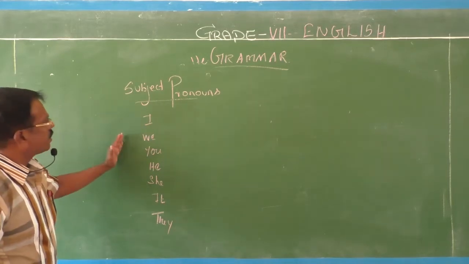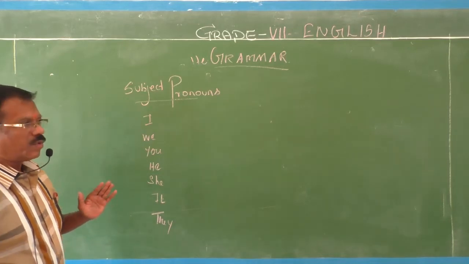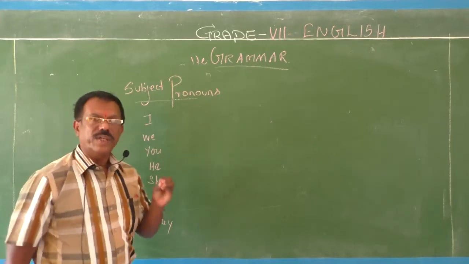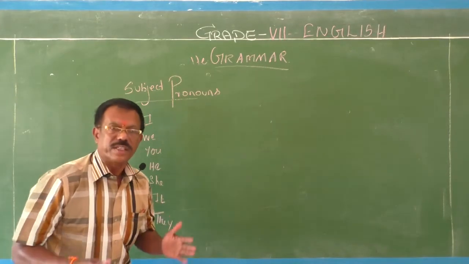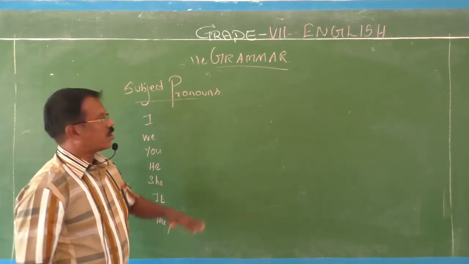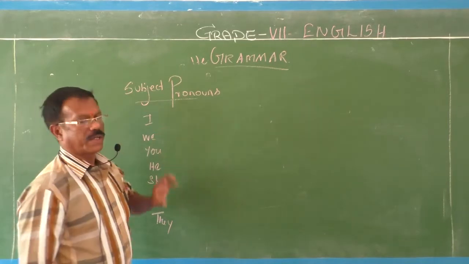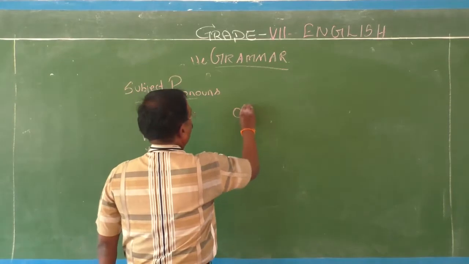They stand for the subject of a verb. One who does the action in a sentence, that's called the subject, the doer of the action. All these pronouns stand for the doer of the action. That is, all these pronouns stand for the subject. Therefore, they are called the subject pronouns. Could you follow me, children? Okay. Then, object pronouns.